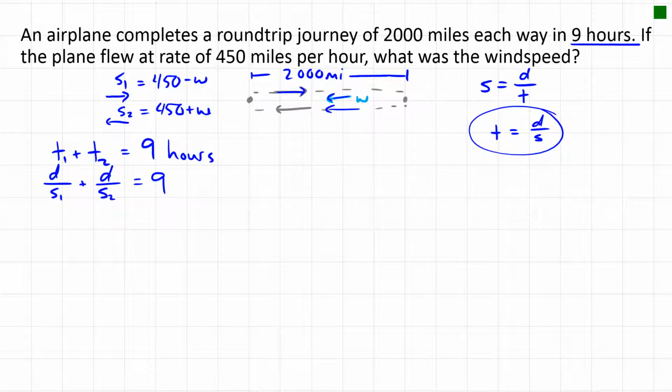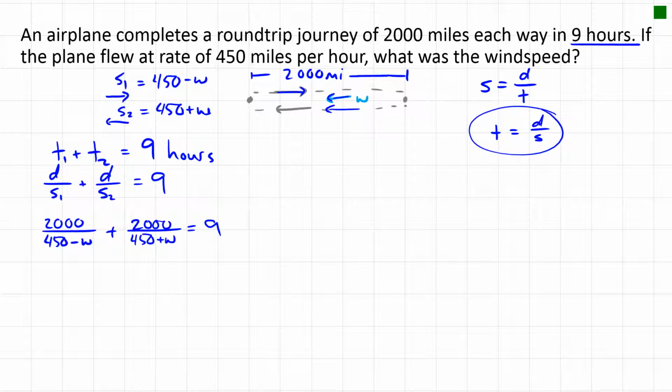So I can replace now these variables in this equation. The distance is 2,000 miles, and the speed on the way there is 450 minus the wind speed. And I'm going to add 2,000 miles divided by 450 plus the wind speed is equal to 9 hours.